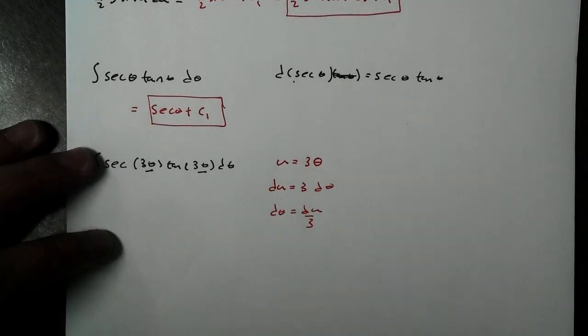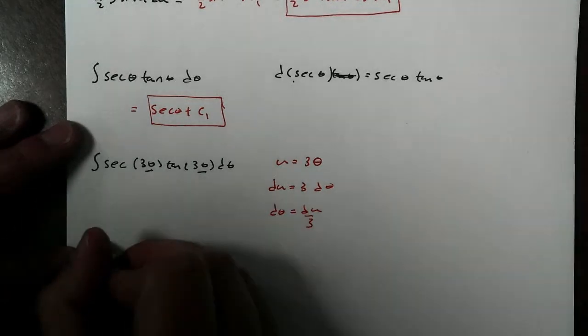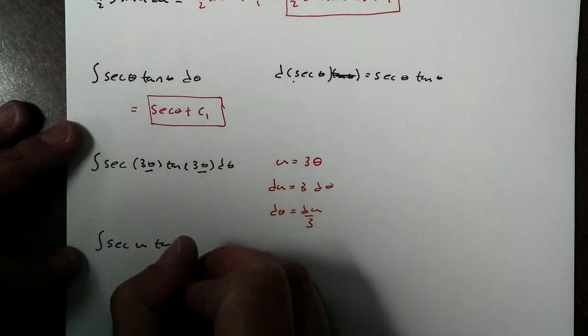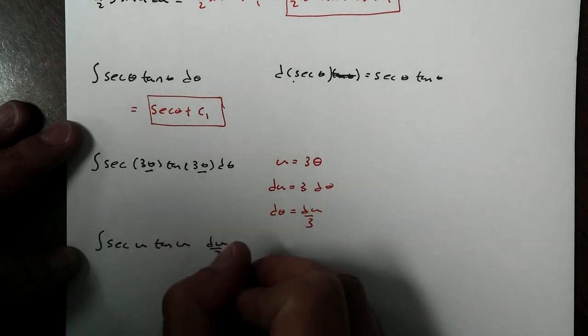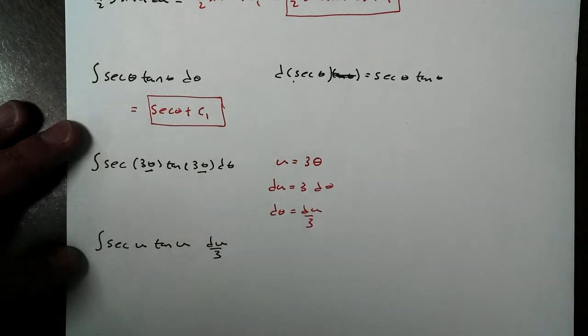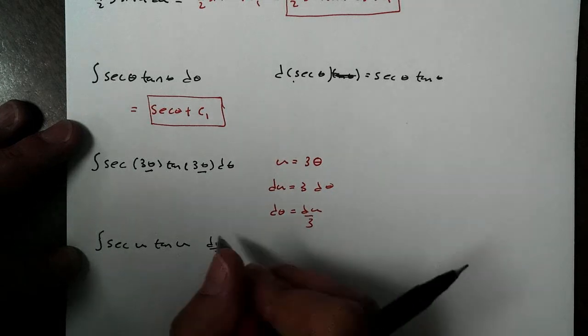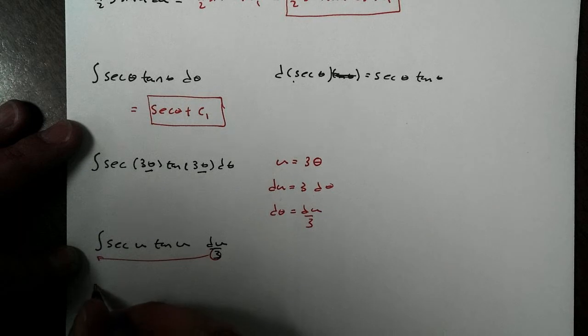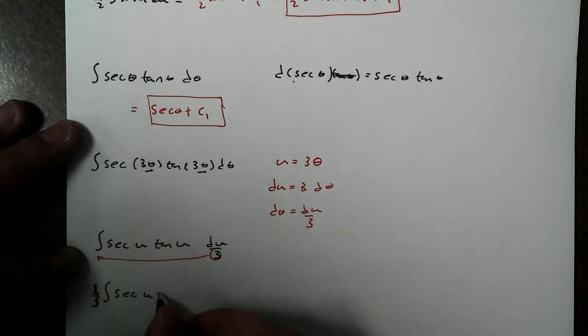So when I rewrite our integral, we're going to get secant u tan u du over 3. Bring out that 1/3. So we get 1/3 the secant of u, the tangent of u du.